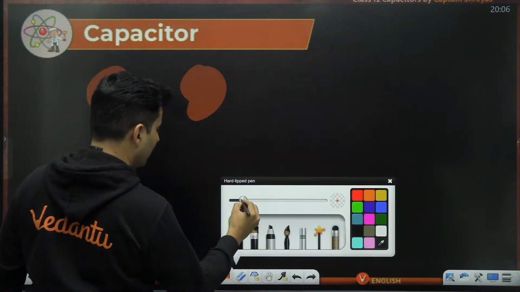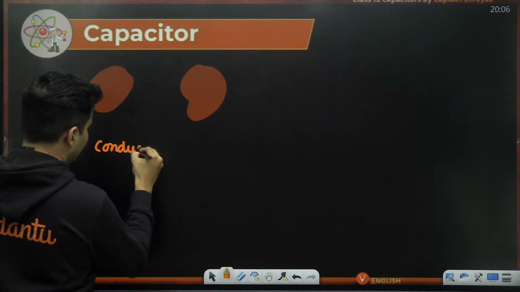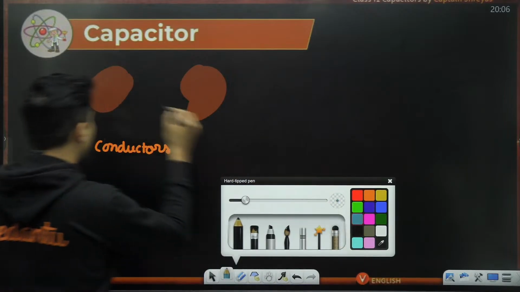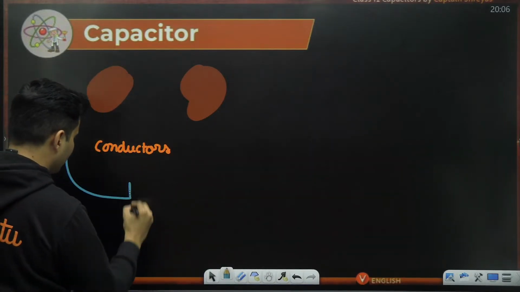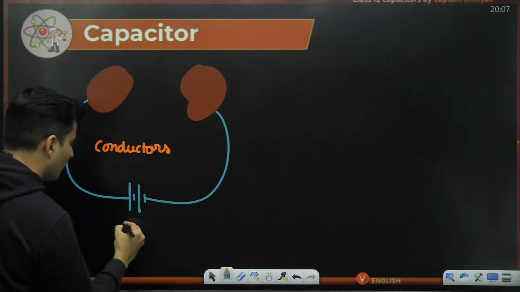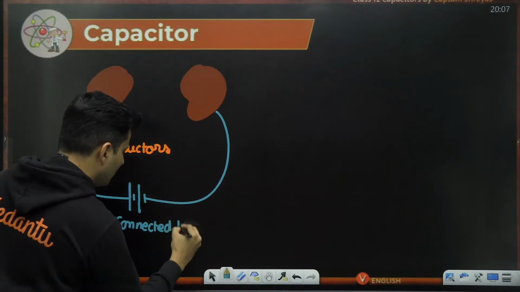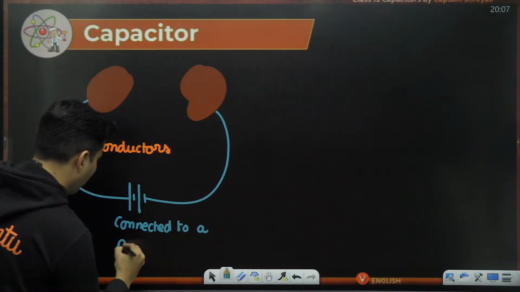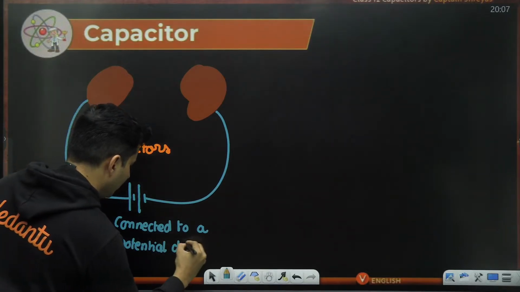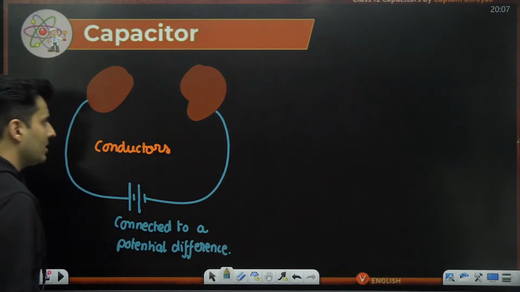And what happens is, I connect these conductors to a battery, that is, to a potential difference. The battery creates a potential difference, a voltage across it.